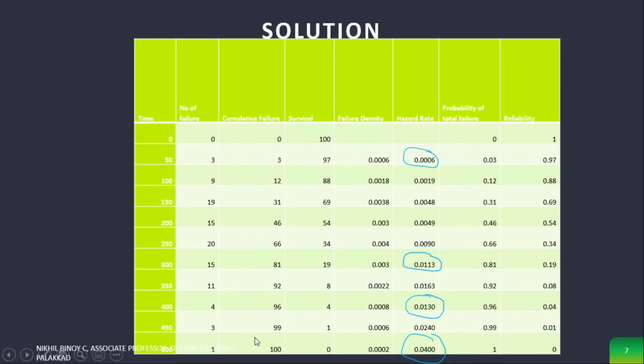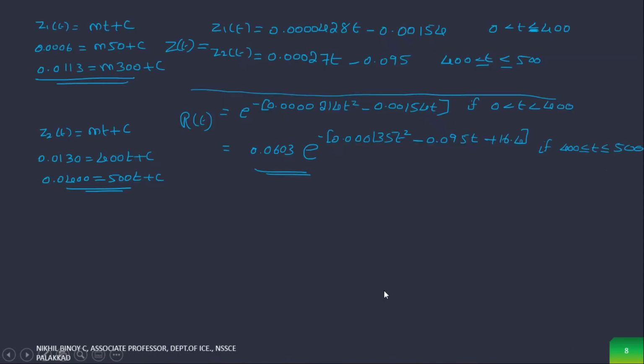So what about 450? If you are using 450, we have to use the second one. 0.0603 into exponential. Now what's inside? 0.000135 into 450 square minus 0.095 into 450, then plus 16.4.